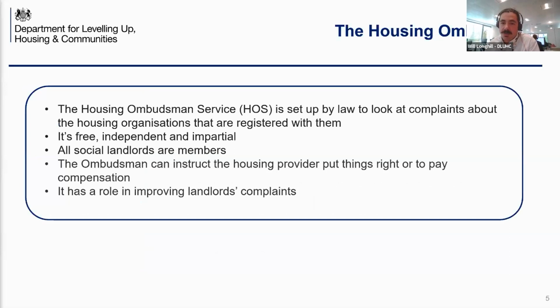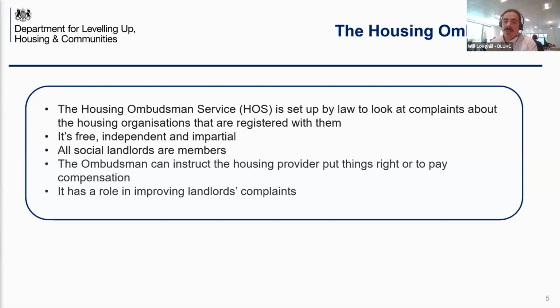It was set up by law to look at complaints about housing associations that are registered with them. The service is free, independent and impartial, and it works with the residents and the landlord, which in most instances is a social landlord, but there are a small number of voluntary private landlords as well.